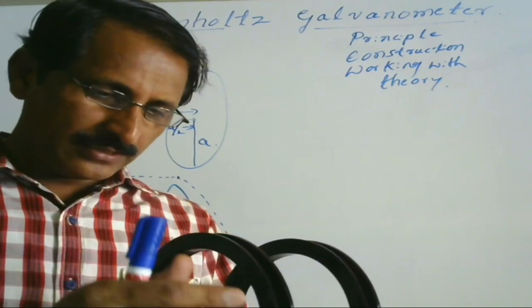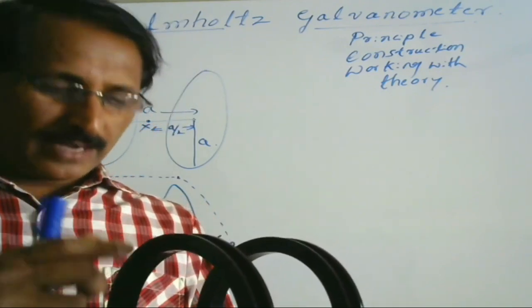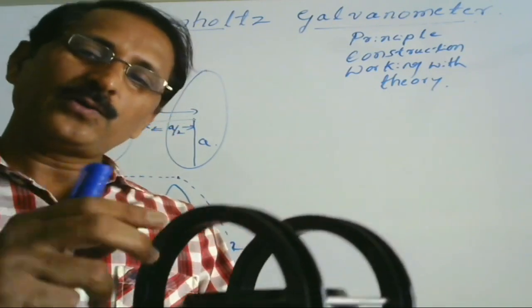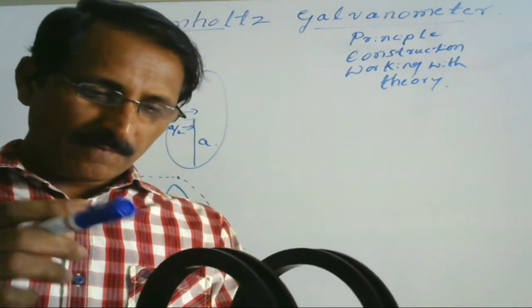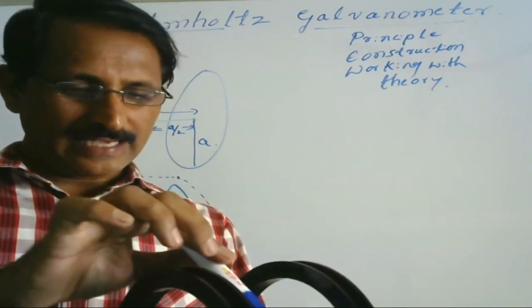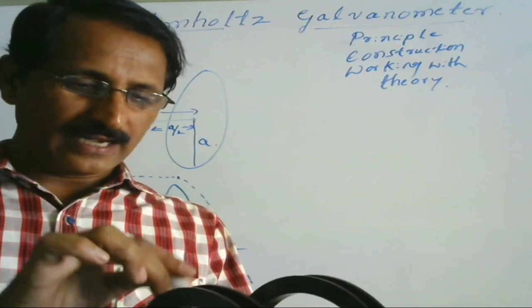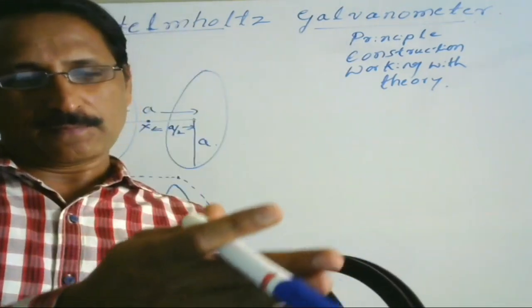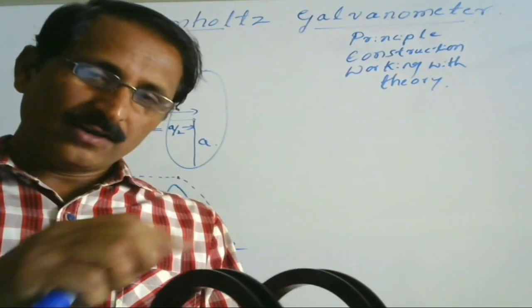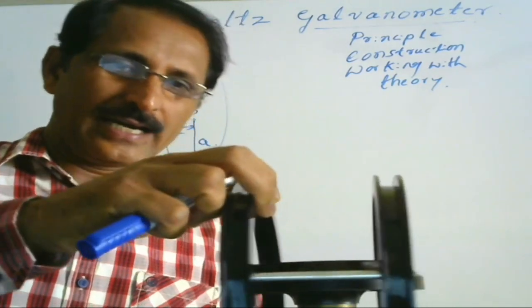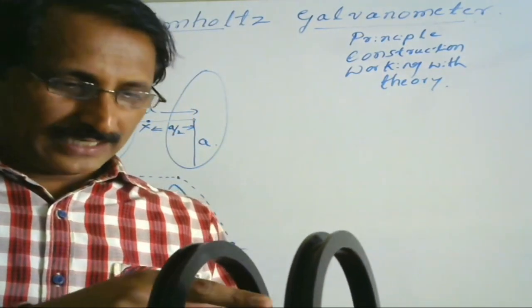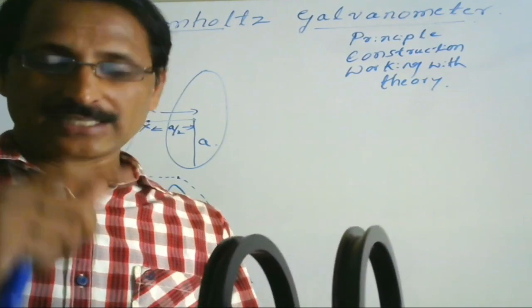To set the plane of the coils in the magnetic meridian, first we have to adjust the compass in such a way that the line joining the 90° and 90° comes in the plane of the coil, and then the coil as a whole is rotated till the aluminum pointer reads 0, 0.